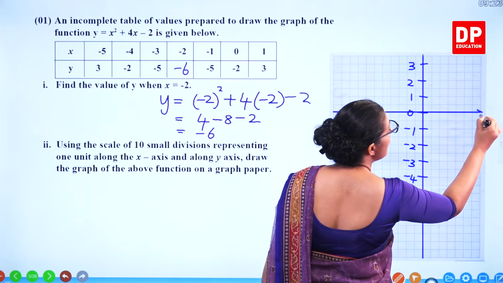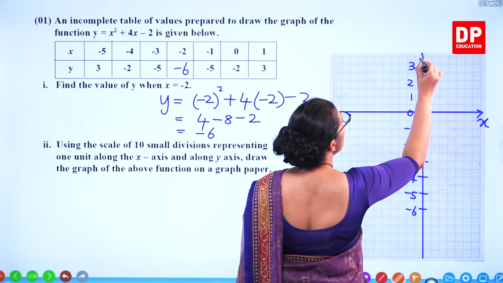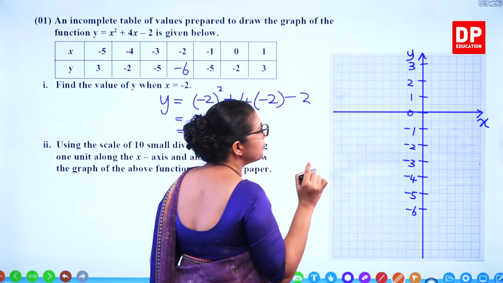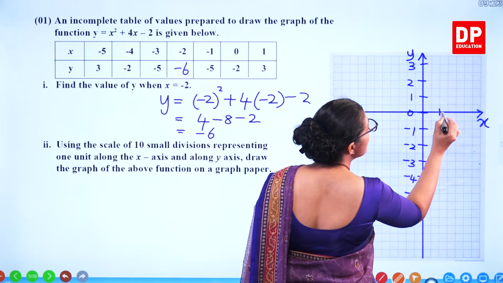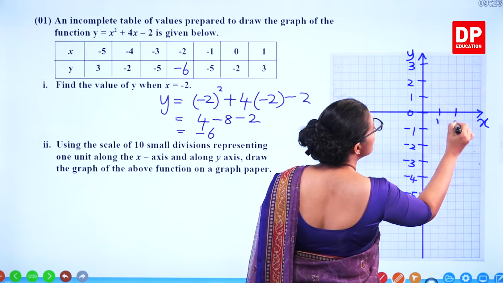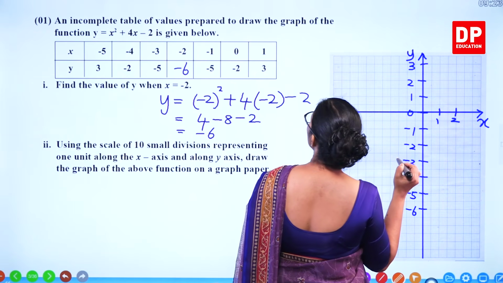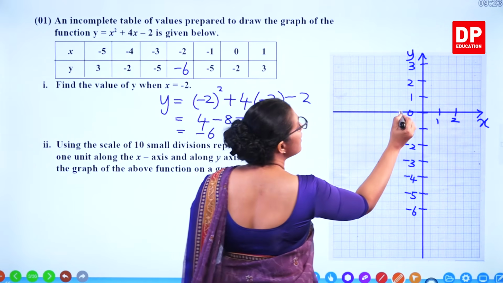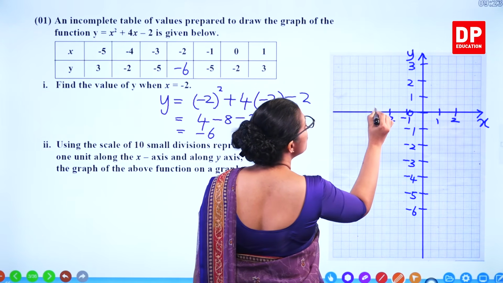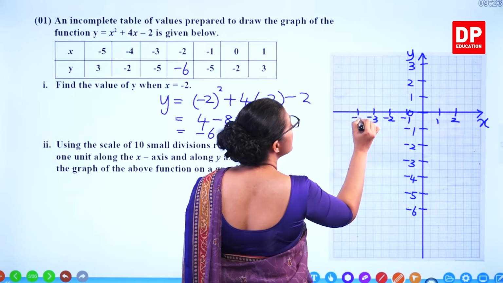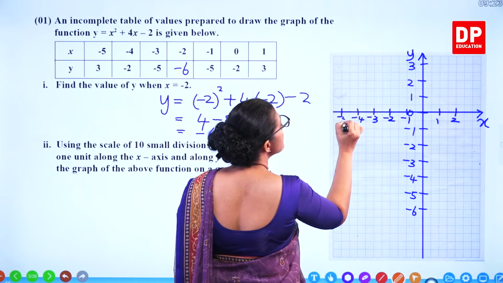You can label x and y. Then mark the x coordinates here: 1, 2, and this way minus 1, minus 2, minus 3, minus 4 and minus 5.